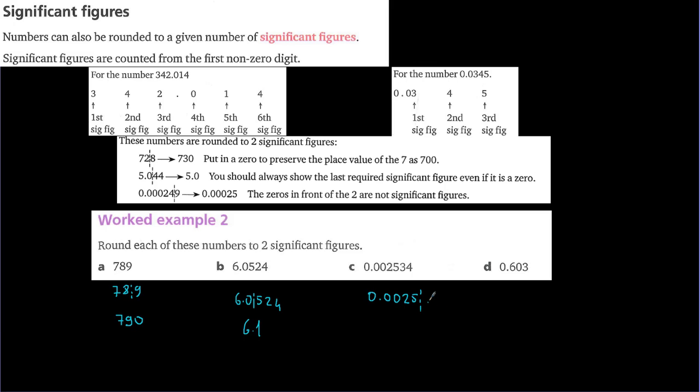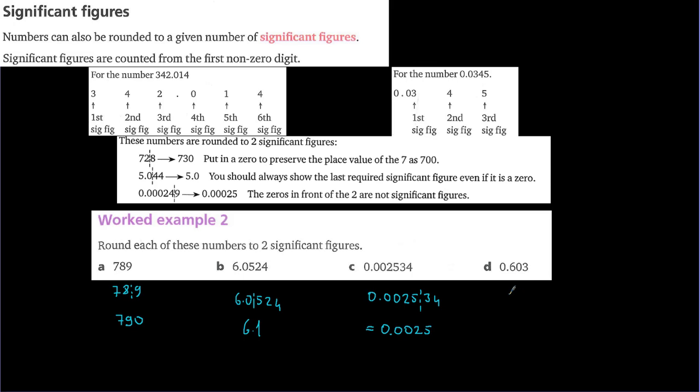This is the place where we are going to write the significant figures with respect to this line. This is less than 5, that's why you are not going to round up, and it's going to be equal to 0.0025, because this number is less than 5.